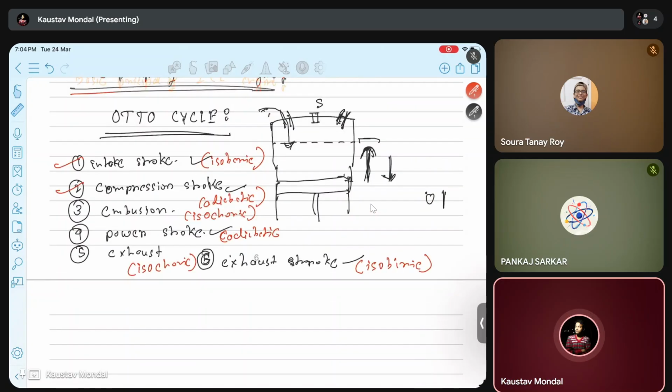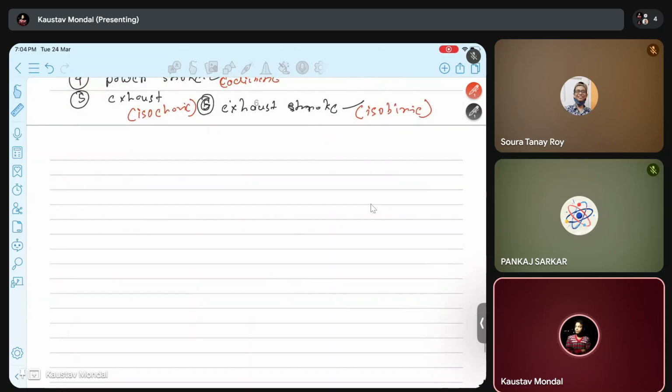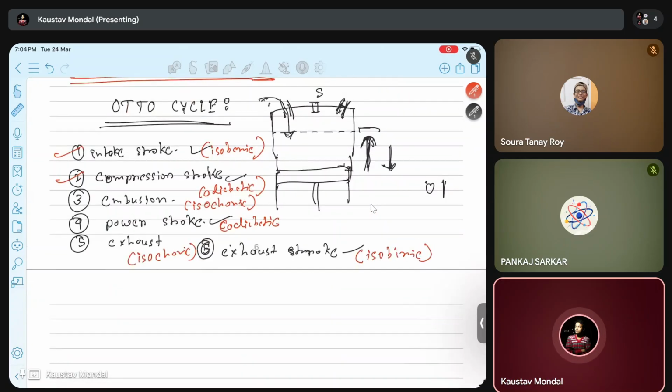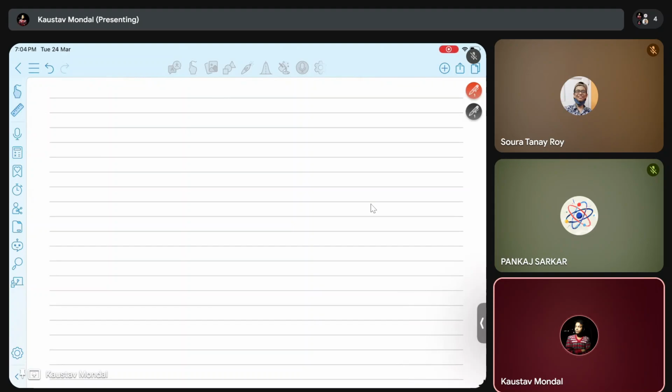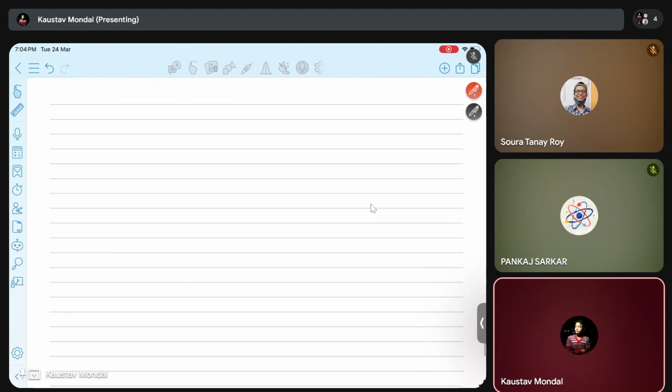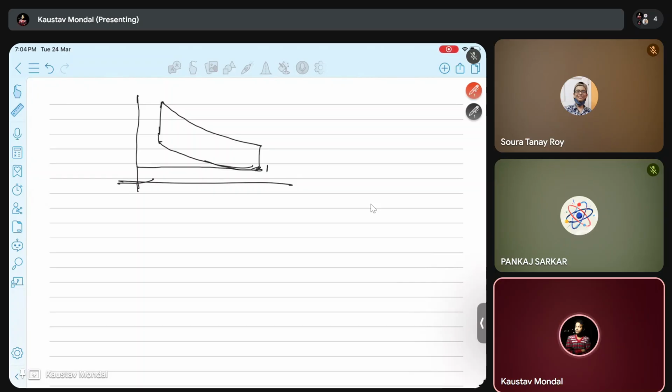Now if you draw the Otto cycle in a PV diagram, it looks like this. This is step 1, 2, 3, 4, step 5.